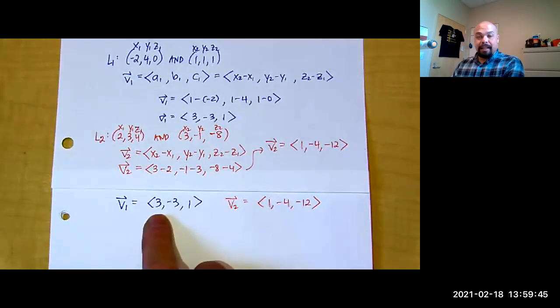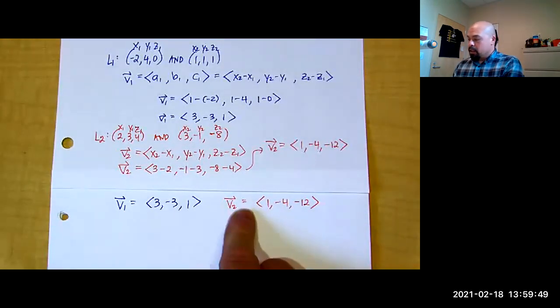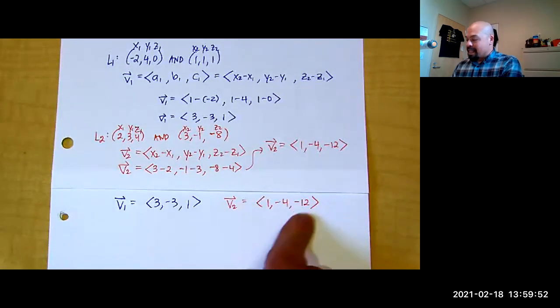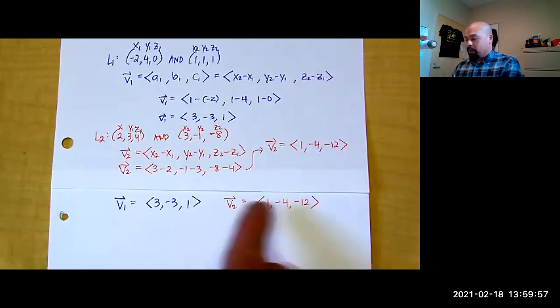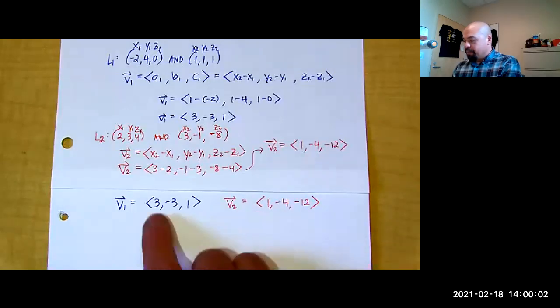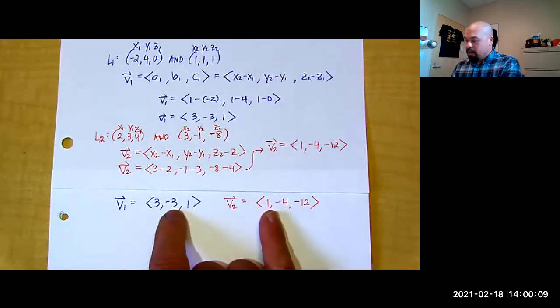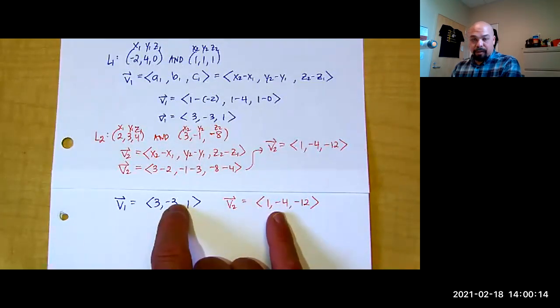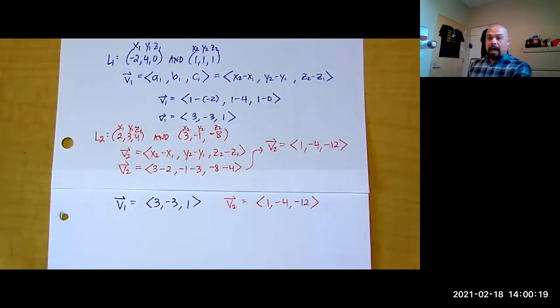If they're parallel, then I can take the same constant, the same scalar, and distribute it in to get the same end result, right? That this vector can be equal to this or vice versa. If I want to get from 3 down to 1, I would divide by 3, or multiply by 1/3. But if I do that for the other two, -3 times 1/3 is -1, that's not -4, right? So that's not going to work. So they're not scalar multiples of one another, so they're not going to be parallel.